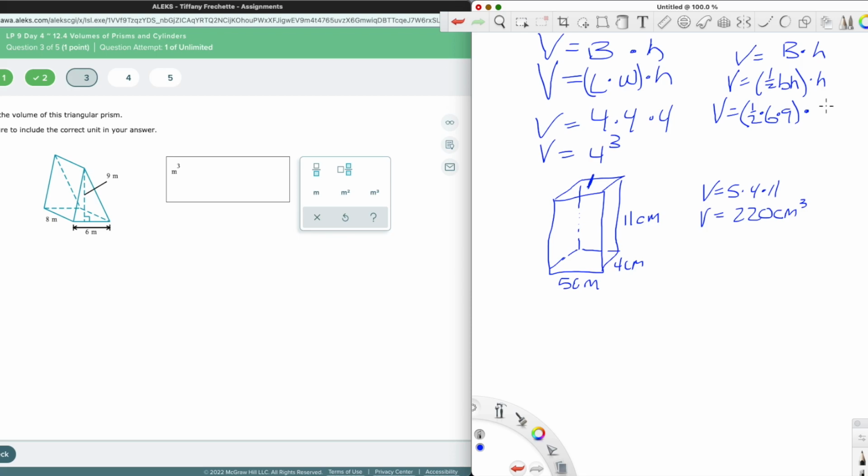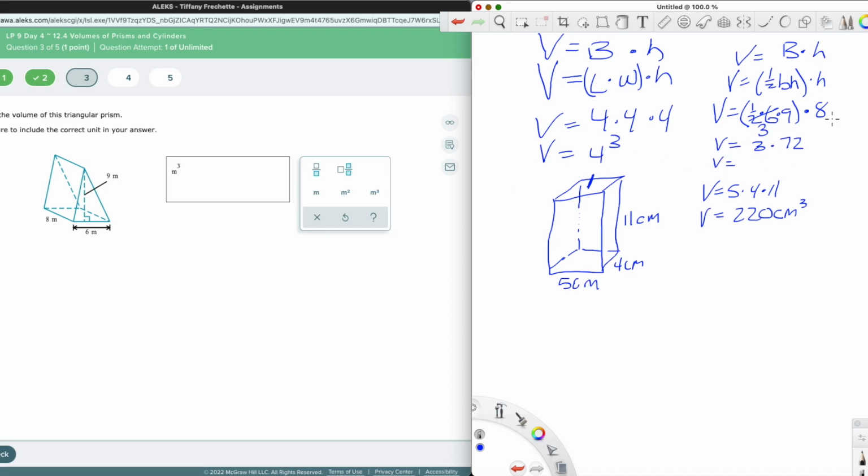I know there's 2 H's here, which can get a little funky. One's the height of the triangle, one's the height of the prism. So just make sure you're paying attention to that. With this one, I can say 1/2 of 6 is 3, and just reduce that. And then 3 times 9 times 8, well, I think it's easier to multiply by 3 instead of doing 3 times 9 times 8.